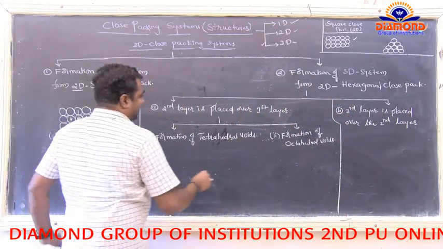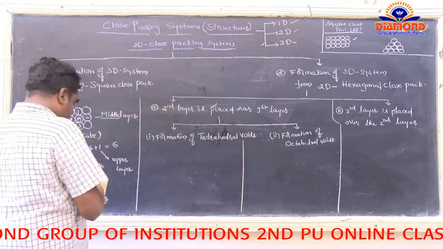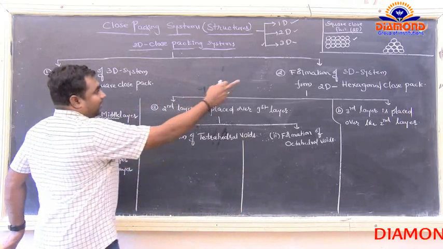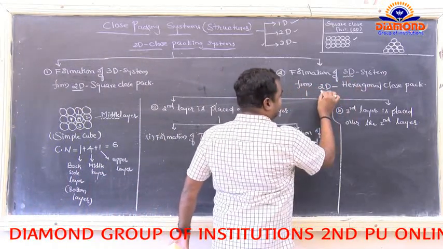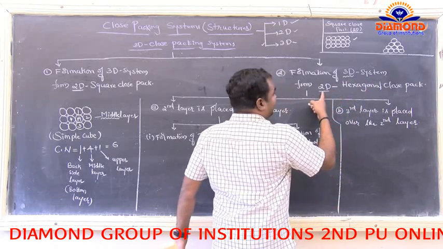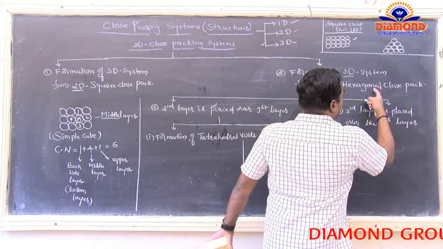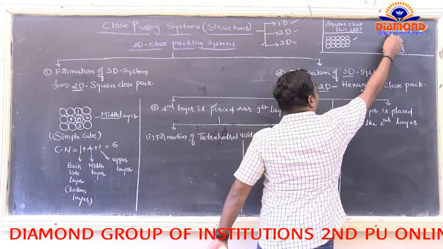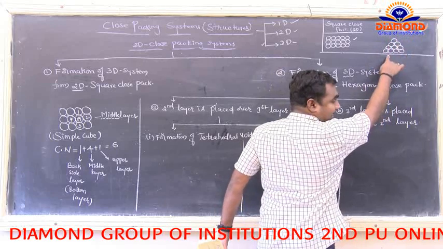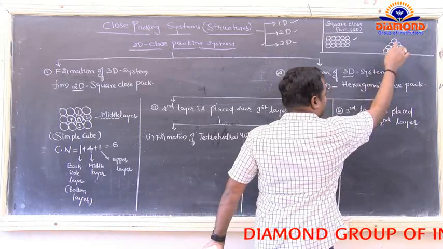Now come to the first one. So first we have to get the 3D. We have to choose the 2D first. So what about the 2D? In 2D we get the hexagonal close pack. So here is the arrangement of the hexagonal close pack structure.